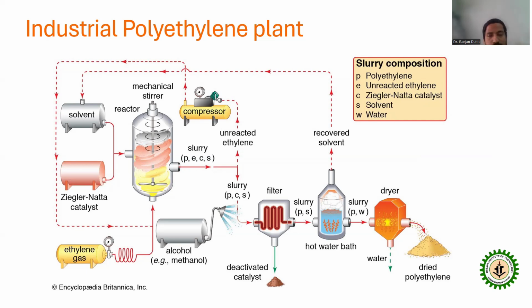After the reaction, the produced polyethylene, unreacted ethylene, solvent, and catalyst are passed to the reactor, and the unreacted ethylene is separated and returned to the reactor, where the catalyst is neutralized and filtered out. Finally, a dryer dries the wet polyethylene, and we get the polyethylene in the form of powder. So this is the synthesis of high density polyethylene.